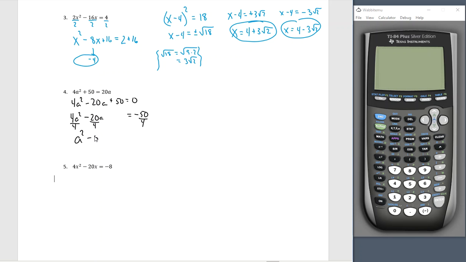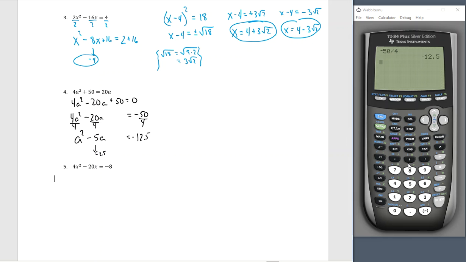a squared minus 5a equals negative 12.5. Let's just make sure. Negative 50 divided by 4 is negative 12.5. Okay. Now, I need to take half of negative 5. That's negative 2.5.